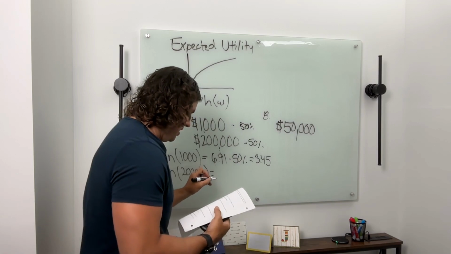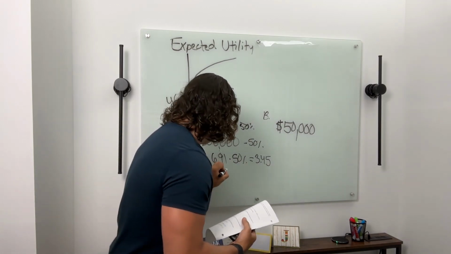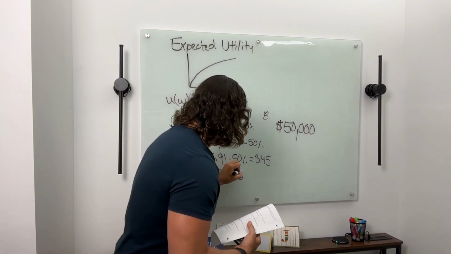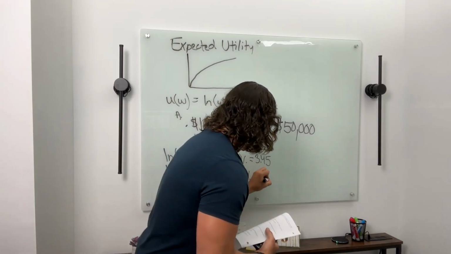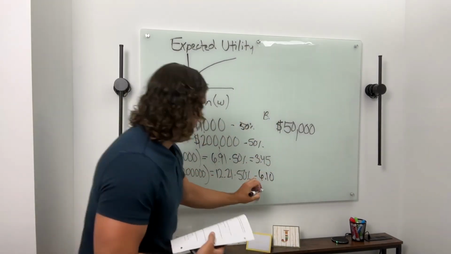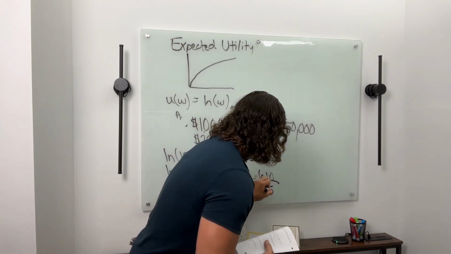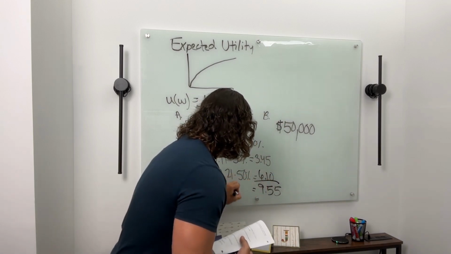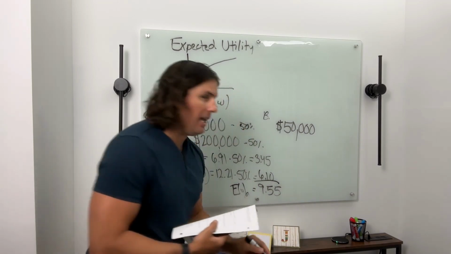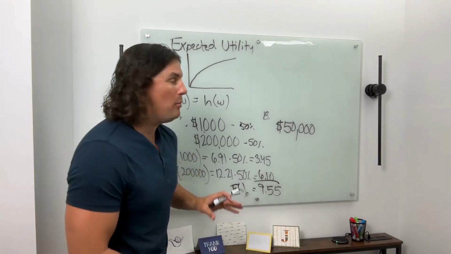And that's going to give me 12.21 multiplied by 50%. And I get 6.10. And I'm going to add these together, and it's going to give me approximately 9.55. This is my expected utility of A. Oh, we're getting a little mathy here. Hang with me. Hang with me.